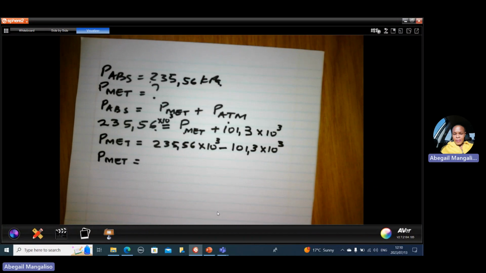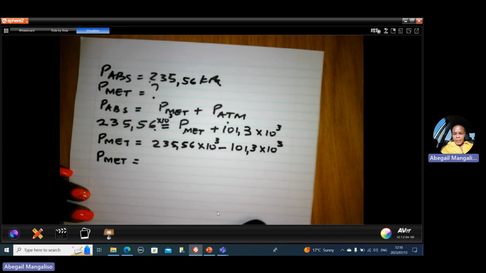These pressures must be both in kilopascals or both in pascals.